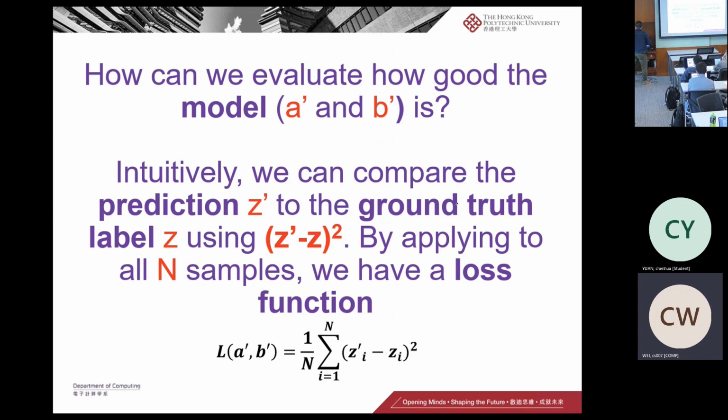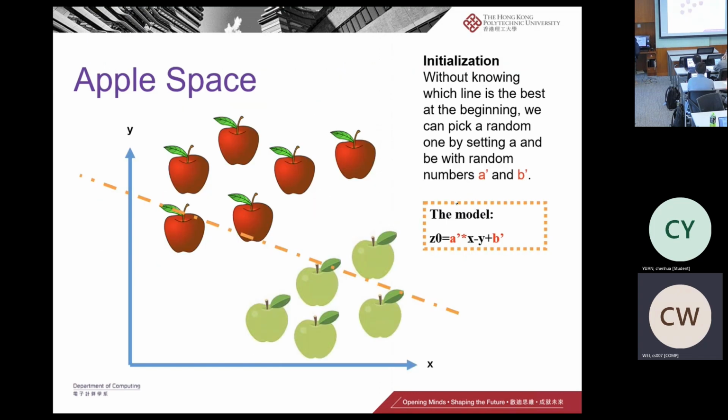Let me go back to here to see what it is. Right now, this is a line. The line is 0 equals a prime times x minus y plus b prime. So any point on the line will give you the zero result based on the formula.